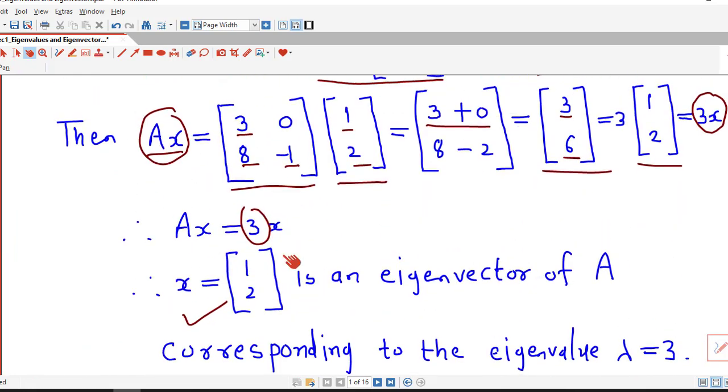We have taken this example that x equal to (1, 2) is an eigenvector of capital A, the matrix with rows (3, 0) and (8, -1), corresponding to eigenvalue lambda equal to 3. Now we discuss how to find this eigenvector corresponding to this eigenvalue lambda equal to 3. Also, because this is a 2 by 2 matrix, we will have a maximum of 2 eigenvalues.